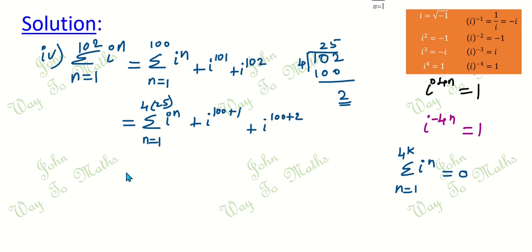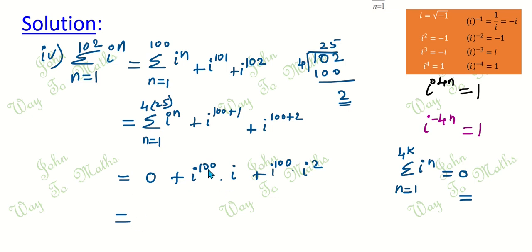The answer for the summation becomes 0 from the result. Using the law of indices, i power 100 into i plus i power 100 into i power 2. So here we can omit the 0.